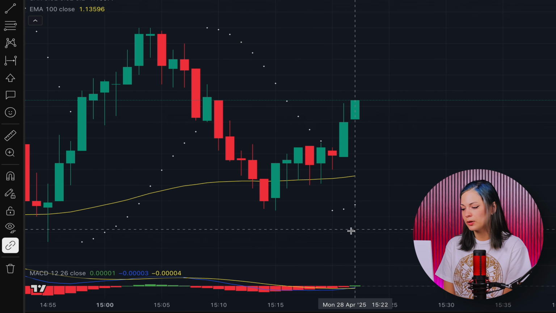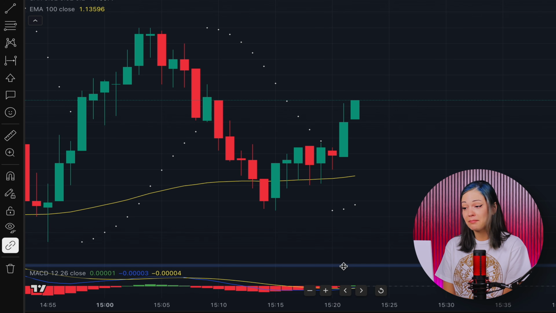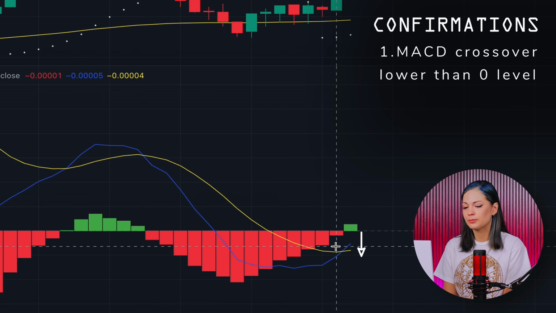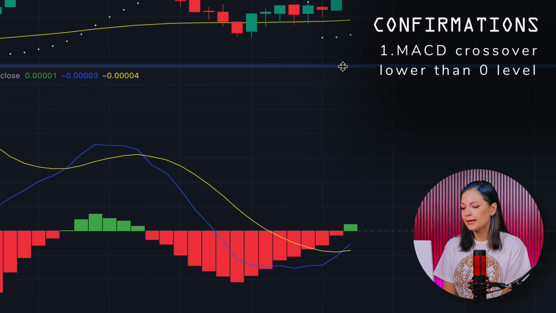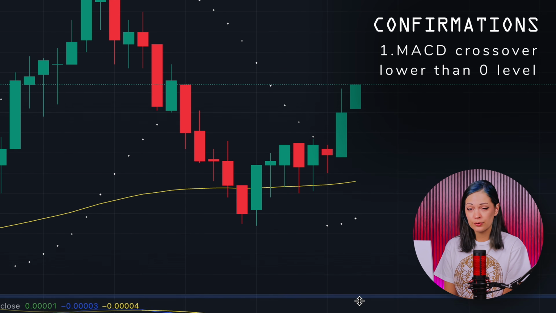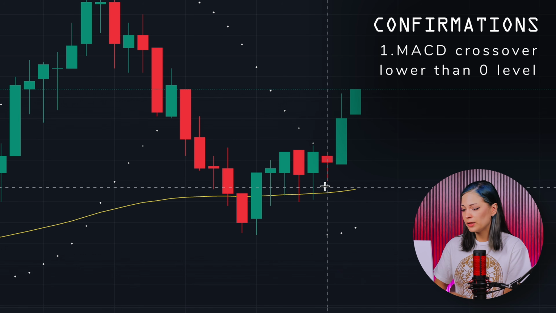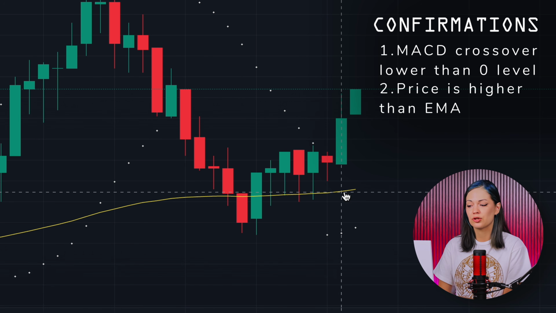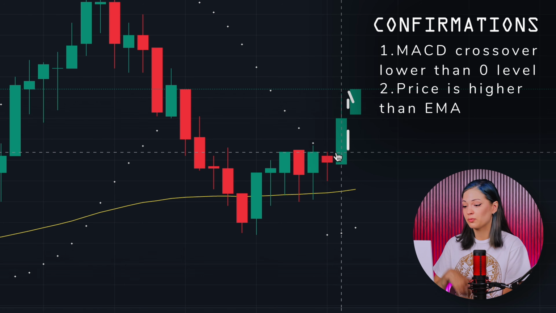First of all, what are we looking for? We're looking at MACD first things first, and in this case we see that MACD shows us a crossover lower than the level of 0 right here, and we are looking at a deal for an upward trend. Second, we need to see if the price is higher than our exponential moving average. In this case, obviously, yes, the price is higher.